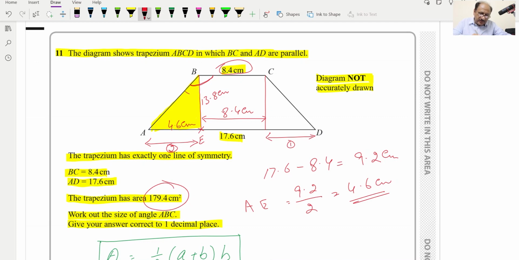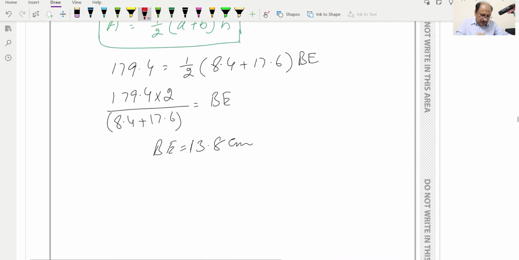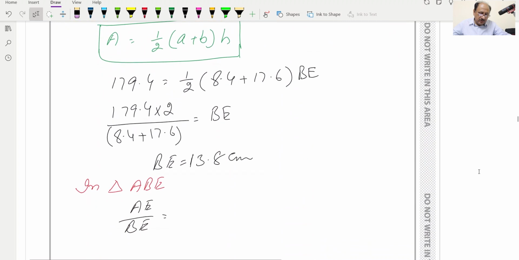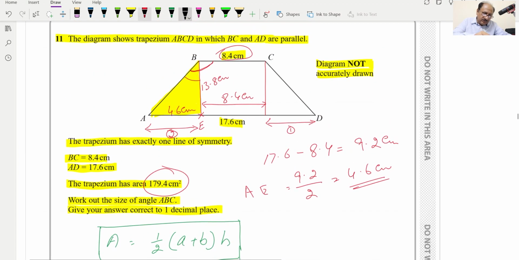After getting this one, we have two sides, so we can find angle ABE. So we will consider this triangle and we will find this angle ABE. In triangle ABE, we can write AE over BE, which is opposite over adjacent, which is equal to tan theta, and theta is basically this value which we are taking.